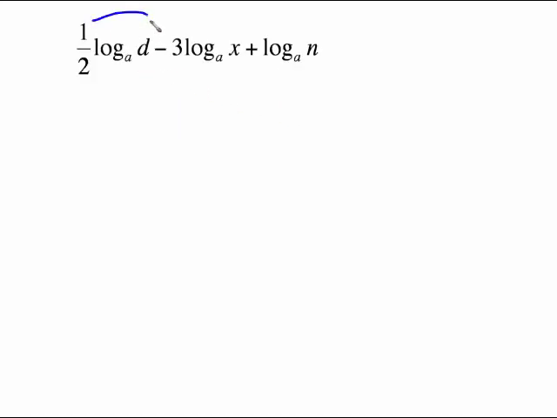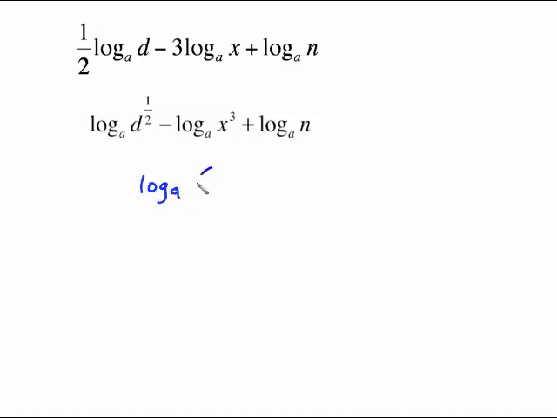Next problem, bring those coefficients back to become powers, and that's what you're looking at right here. Then we're going to write log base a one time, parentheses. This d to the 1/2, that's a positive. It's going up to the top. This has got a minus in front. That's going to send this down to the denominator.